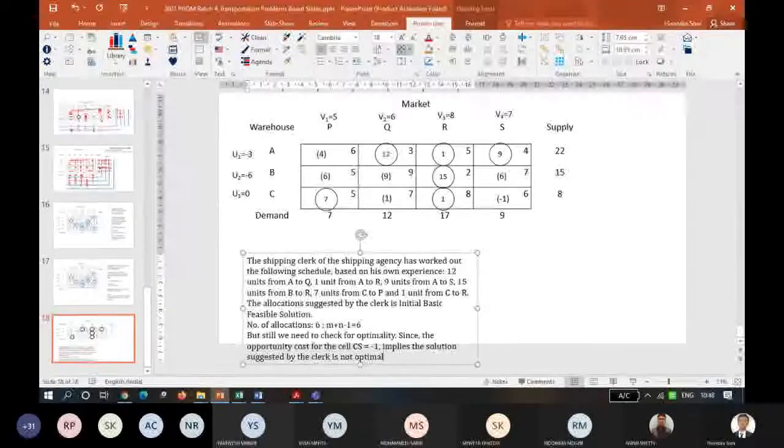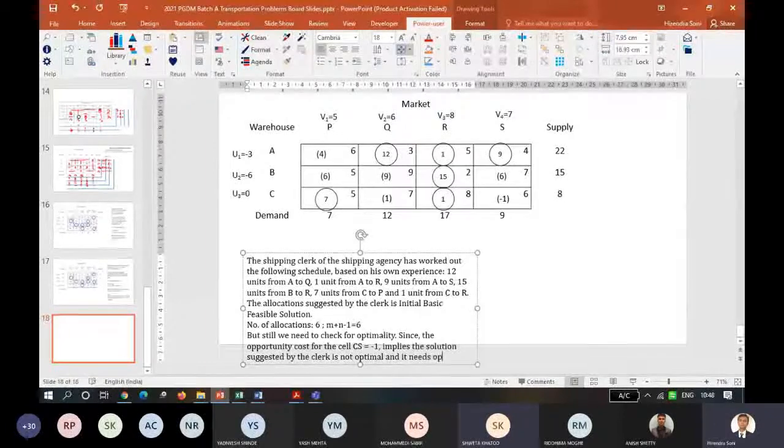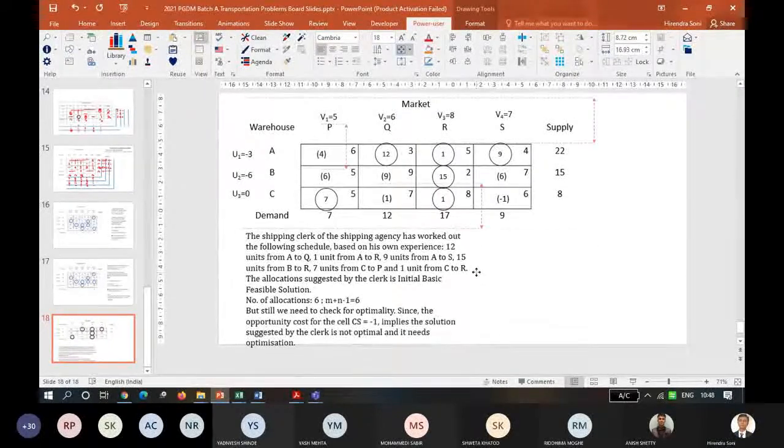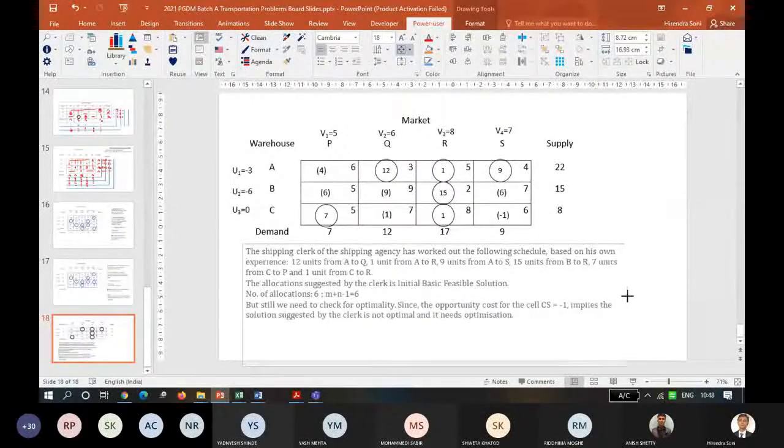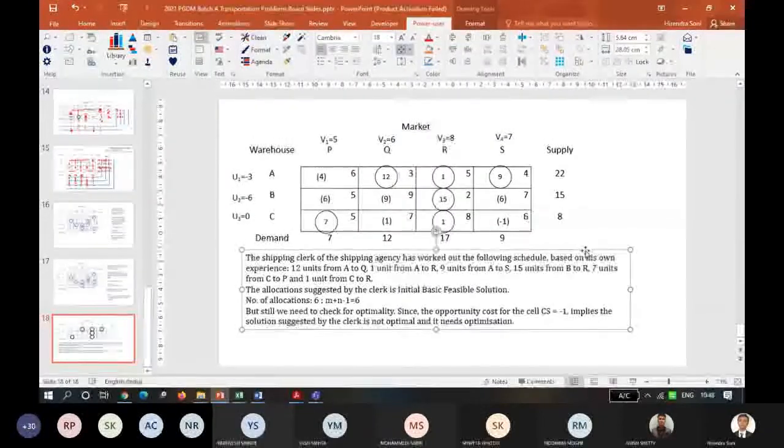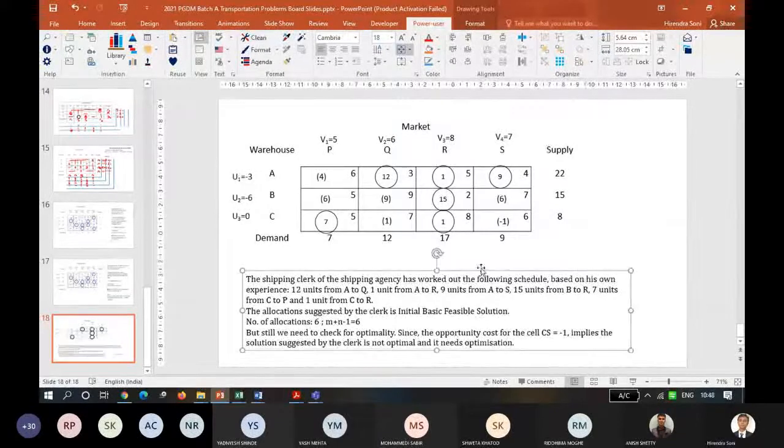Clear? Yes, sir. And it needs optimization. अब अपने को सिर्फ ऑप्टिमाइज करने का, बाकी सब काम उसने करके दिया है. करेक्ट ना? तो अब ऑप्टिमाइज कैसे करेंगे?